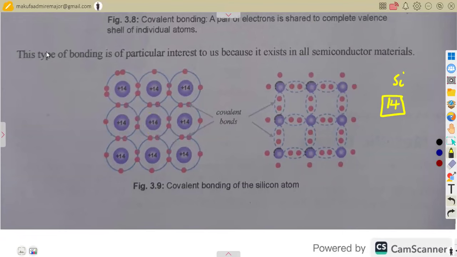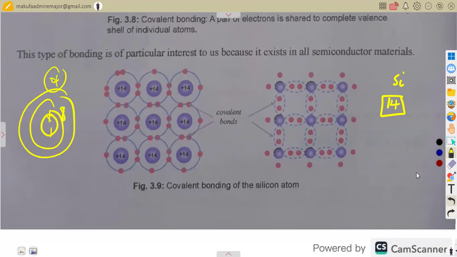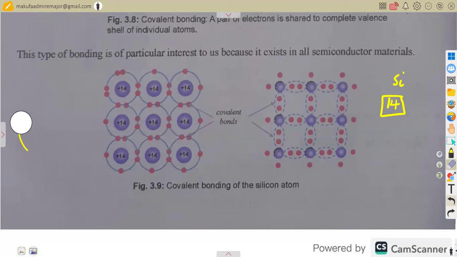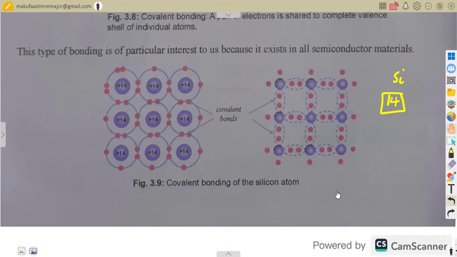If you check the diagram I represented, the electrons on the outer shell, which are the valence electrons, were 4. Remember, we covered the first 2, then the 8, and we're remaining with the 4 at the end. This is what I want you to understand about silicon, because that is where the bond takes place.